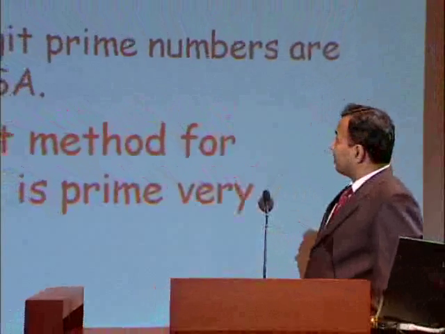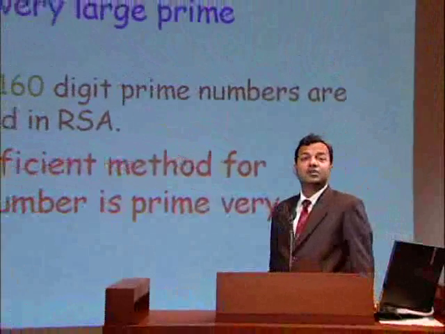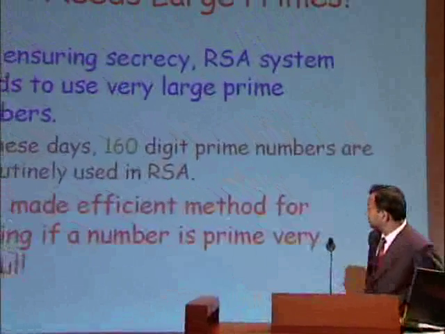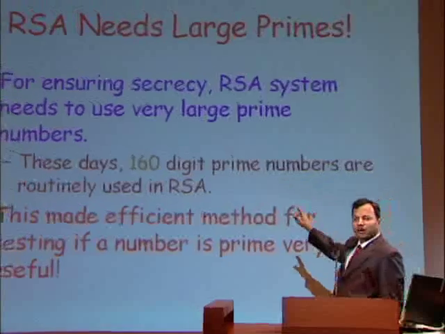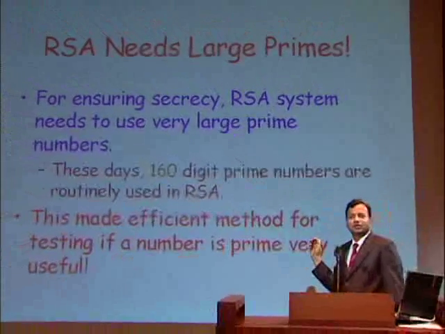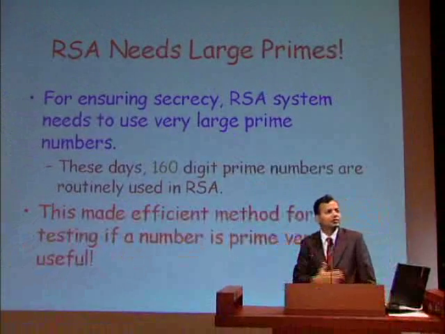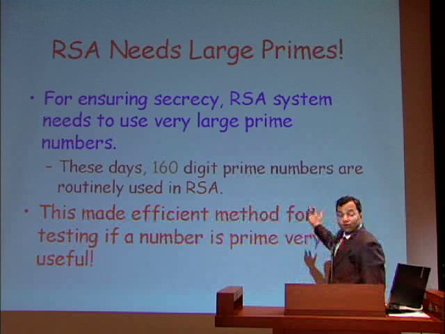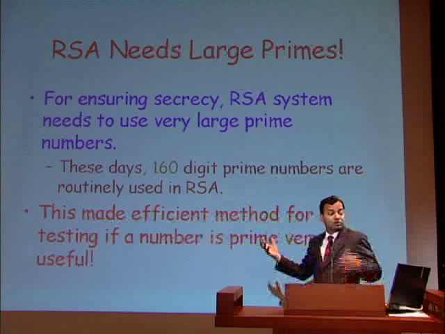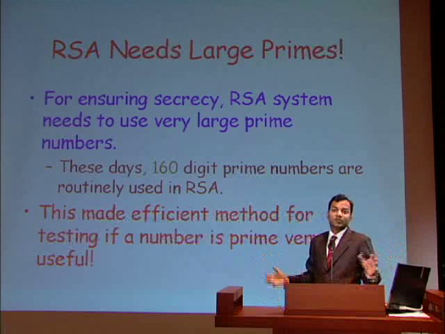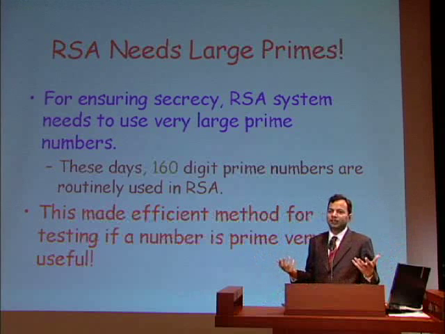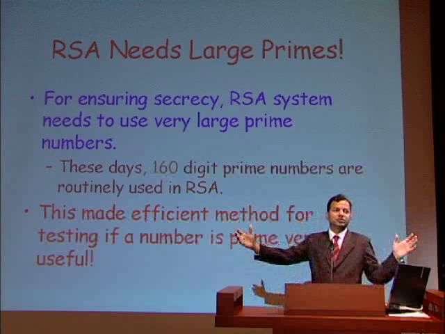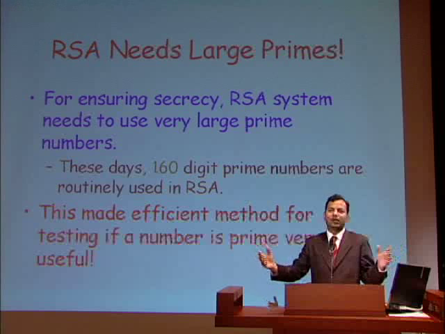To make RSA work properly, we need large primes. These days, 160-digit large primes are very routinely used in RSA crypto systems. And to find such a large prime, the best way, or the only way essentially, is to randomly pick a number which is about 160 digits long and test if it is prime.